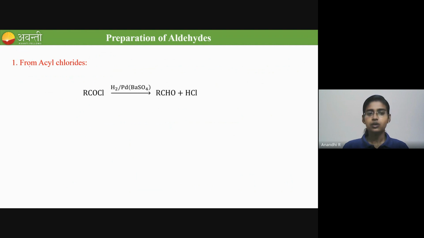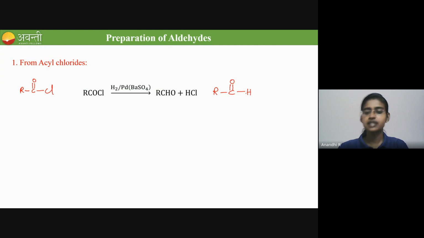When this is treated with hydrogen in presence of palladium barium sulfate, which is basically a catalyst, it forms RC double bond OH, which is nothing but RCHO, the aldehyde, plus HCl.